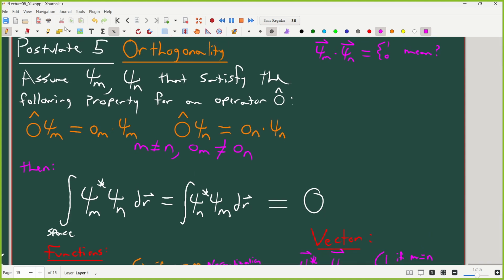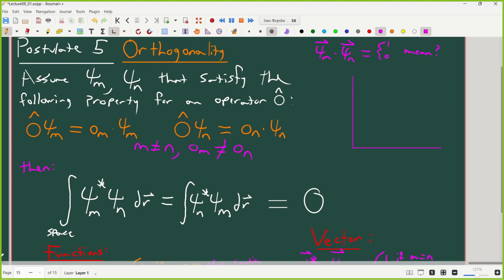Well, let's look at white and black, for instance. Here's my coordinate space for white and black. I've drawn this a couple of times. My white axis is my x-axis, we'll call it W, and my black axis is my y-axis.